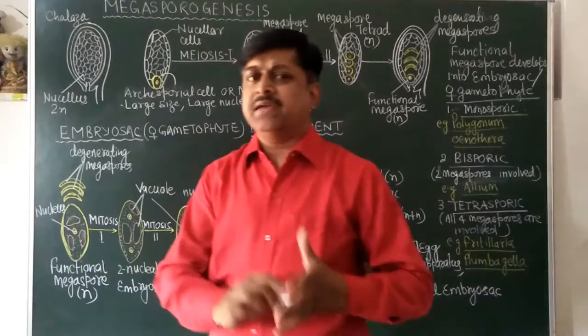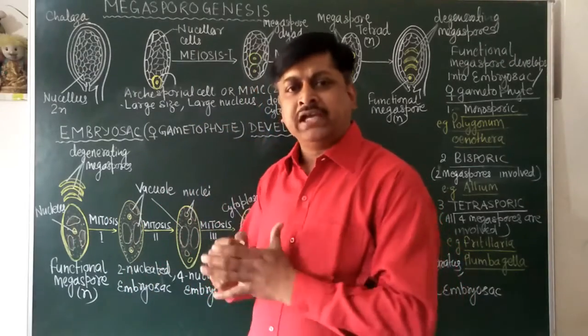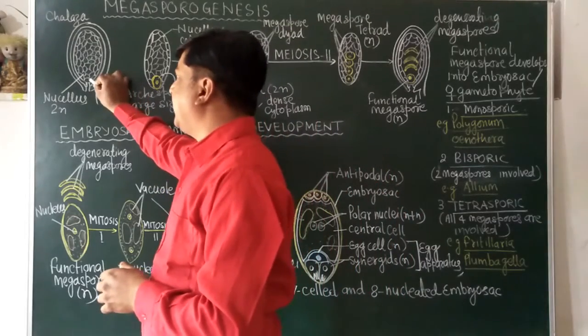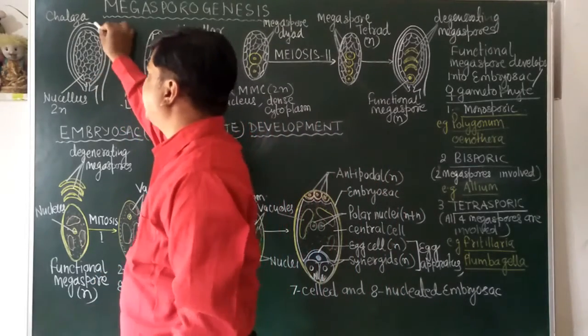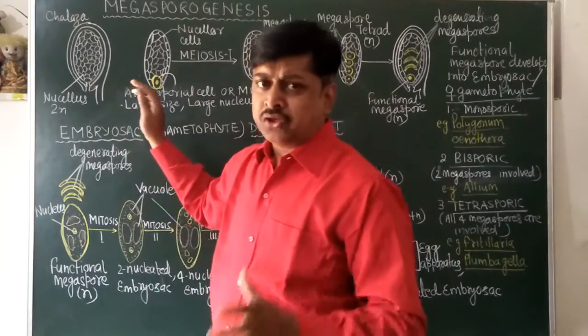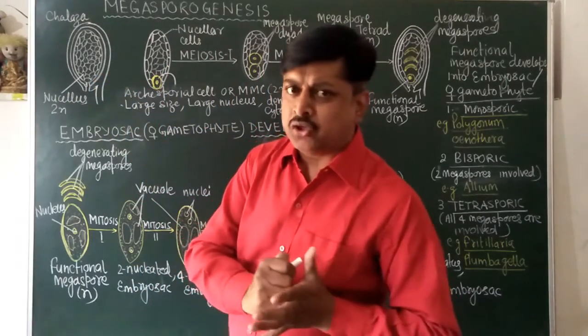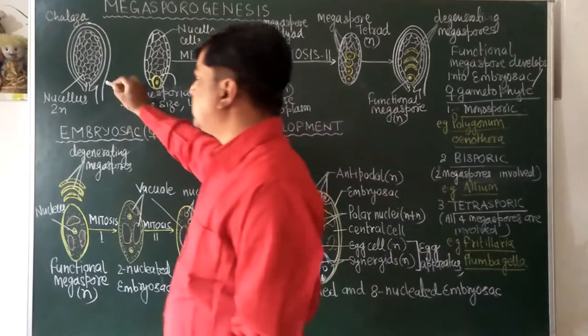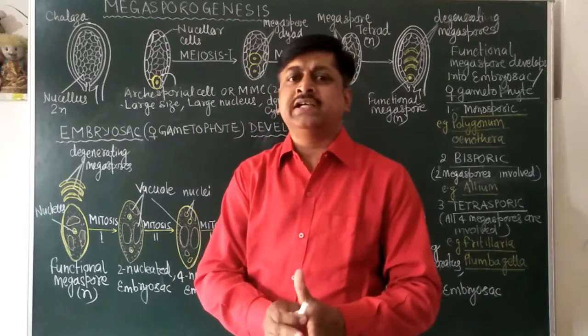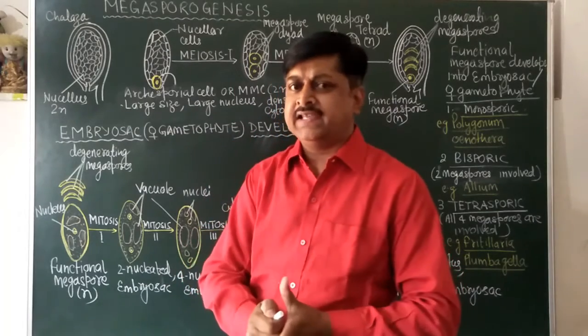So at the time of development of the megaspore, what happens? Towards the micropylar end, you will see the lower side is the chalazal end, and this is the micropylar end. जिधर micropyle होता है, that end is called the micropylar end. So towards the micropylar end, one of the cells of the nucellus enlarges in size.